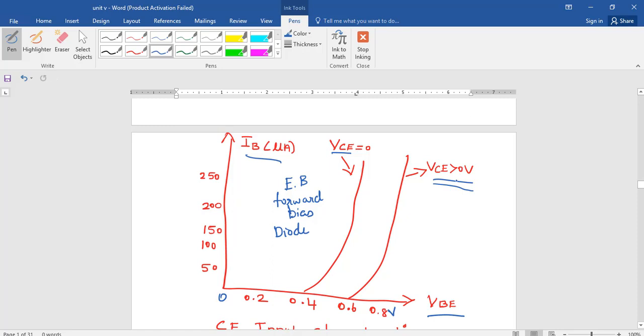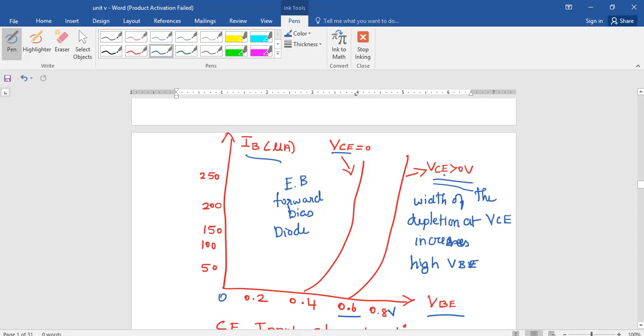But when VCE is set greater than 0, what happens is the width of the depletion region at VCE increases, and hence you need higher VBE to move the device into conduction, and hence the curve shifts from left to right.